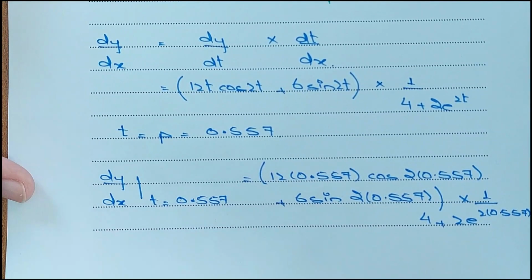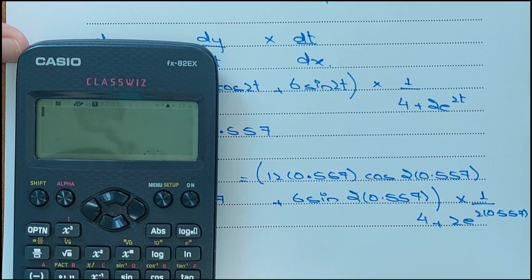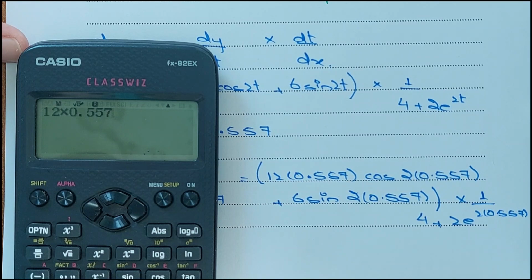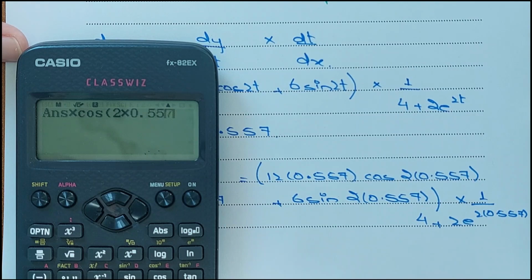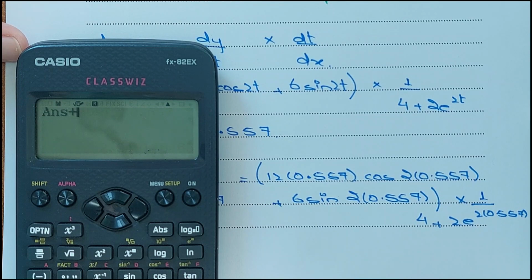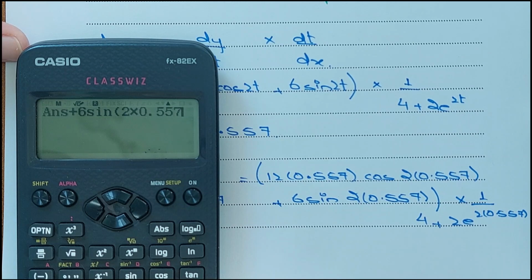Let me calculate this. 12 times 0.557 times cos of 2 times 0.557 plus 6 sine 2 times 0.557, and then divide it by 4 plus 2 e power 2 times 0.557.